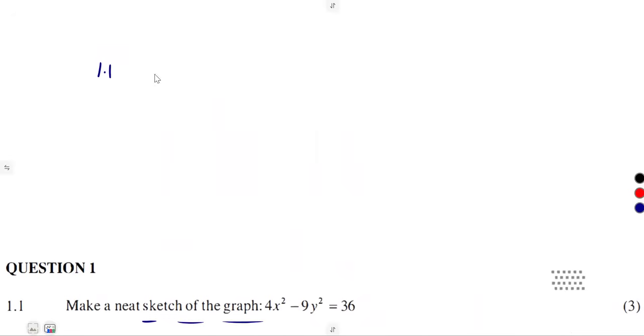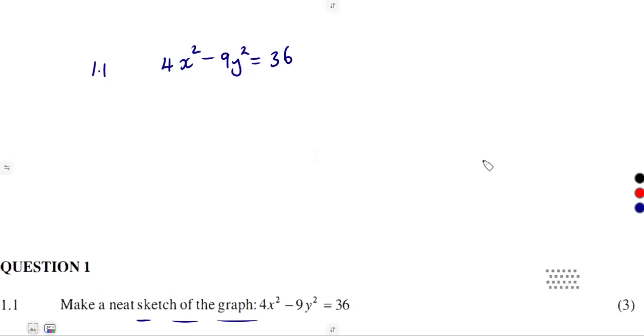That is 1.1. We are given the graph of 4x squared minus 9y squared is equal to 36. If we are to consider here, guys, remember there are two graphs which share the same format in terms of how these numbers are presented: x squared over a squared plus or minus y squared over b squared, which is equal to 1, where the plus in this case is going to be for what?